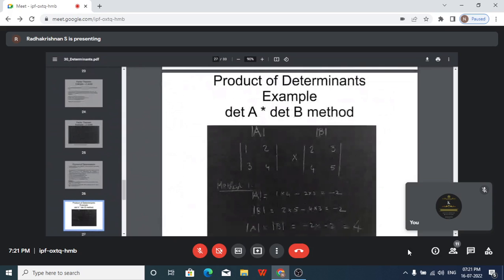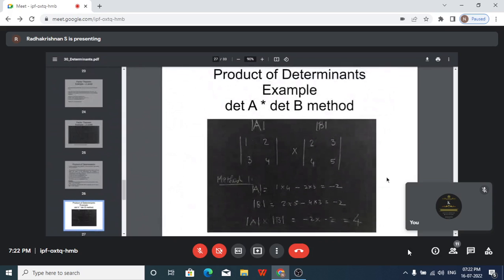So we'll take an example. I've taken simple determinants, 1 2 3 4 and 2 3 4 5, because we want to multiply these two determinants. We can use multiple methods, like we saw.